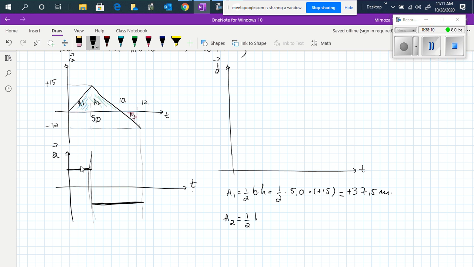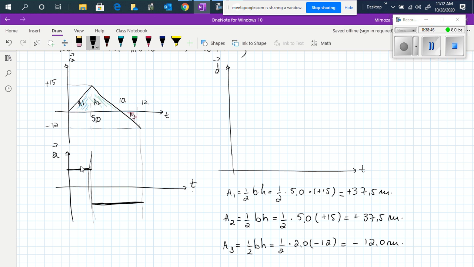Area 2, again a triangle, is 1/2 times 5 times positive 15, which is positive 37.5 meters. And area 3 is a triangle again, 1/2 base times height, but now 1/2 times 2 is the base, and height is negative 12, so it will be negative 12 meters.